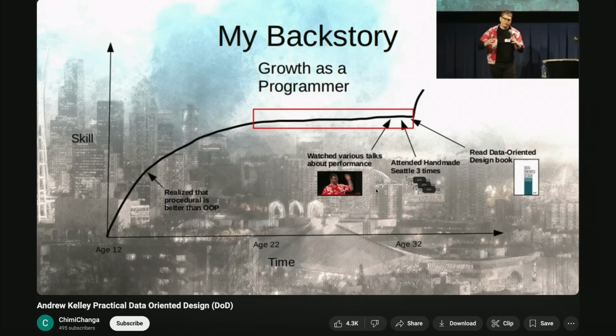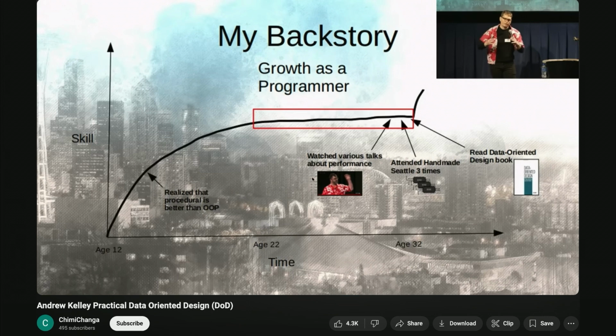The next concept we learn about in performance engineering is called data-oriented design. I watched a video with the author of the Zig programming language, Andrew Kelley. He talked about data-oriented design, and he said when he was young, all he did was OOP and procedural programming.